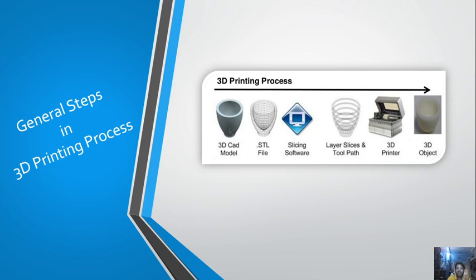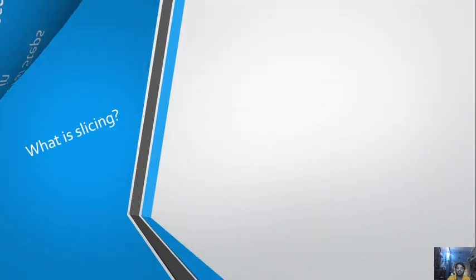Then this CAD model has to be converted into an .stl file, and that .stl file then has to be converted into a G-code file with the help of slicing software, because a 3D printer doesn't understand an .stl file, it only understands G-code, and then that G-code file is processed by a 3D printer to make a 3D object. So now, what is slicing?